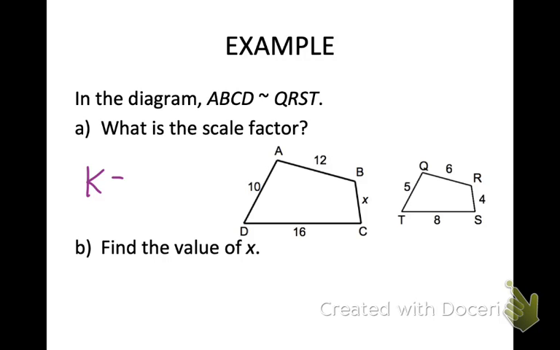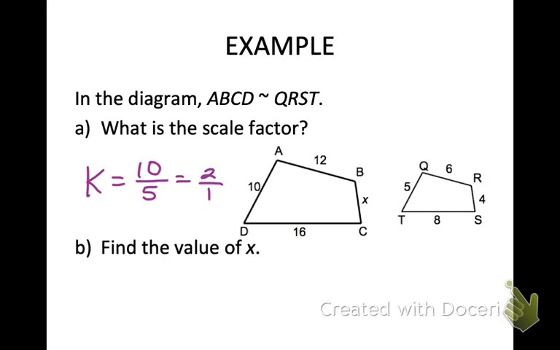Good, so K is equal to 10 over 5 would work, which reduces to 2 over 1. Good. So for every 2 units, it's scaling down to 1 unit, right? Would you have gotten that with 16 and 8? Yeah. Would you got that with 12 and 6? Yeah. Okay.